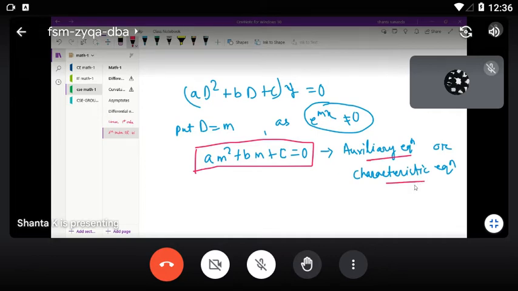Okay. Simply we are replacing this d by m, or you see the first order derivative will be by m. The second order derivative will be by m square. So this is how, now you have to find the roots of this characteristic equation.